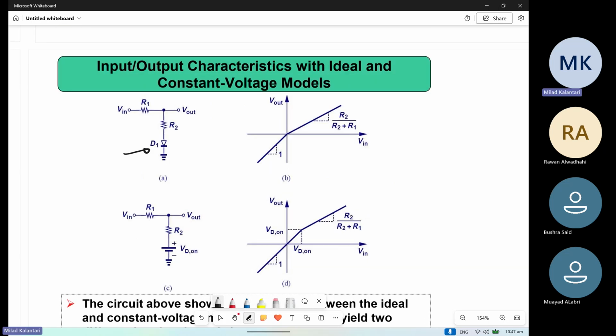If the V in is low or very, very negative, the diode is off, because it tends to draw current in this direction, so it doesn't allow it, so the diode is off. And then V in is equal to V out. Basically, V in equals V out is this line, with a slope of 1.